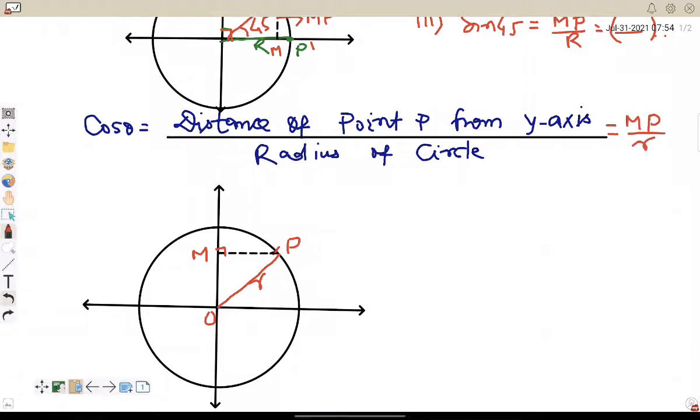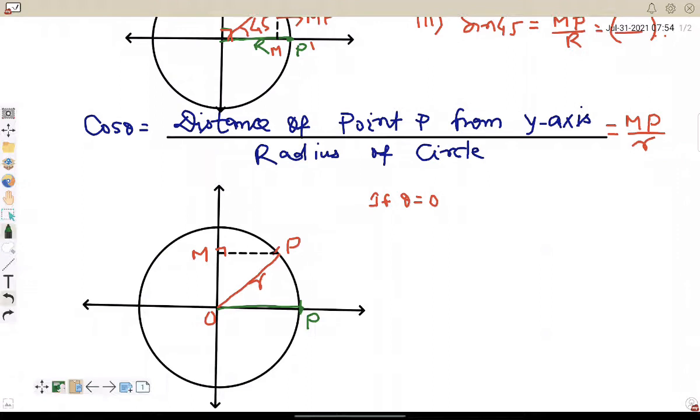So using this concept, can we find the value of cos 0? If theta is equal to 0, one by one we will try to find. If theta is equal to 0, then where will point P lie? Definitely point P lies on the x-axis, because this time theta is equal to 0. And how can we measure theta? With the positive direction of the x-axis.